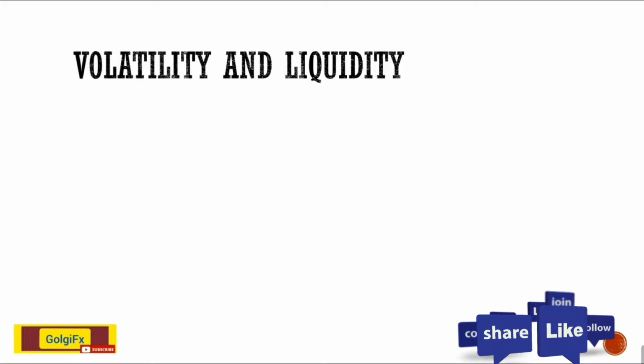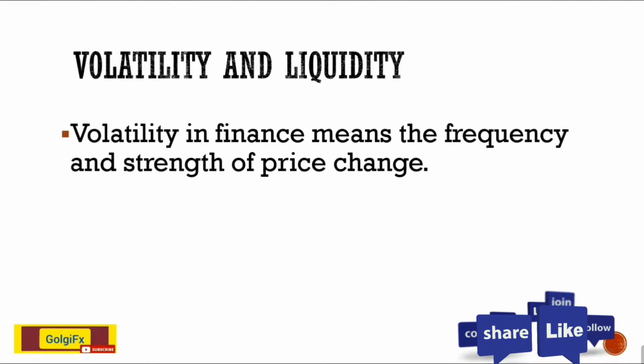So before we start, I want us to look at these two important terminologies in trading, which are volatility and liquidity. Let's look at the meaning of volatility. Volatility in finance means the frequency and the strength of price change. Anytime we are looking at an asset and they say that an asset has high volatility, it means its price fluctuates a lot within a given period of time.